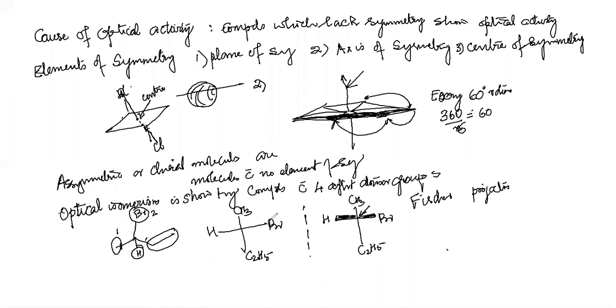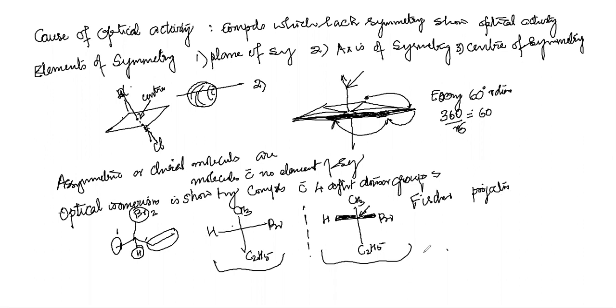Now let us look at what are enantiomers. These two are enantiomers. This and this are enantiomers. Optically active compounds.